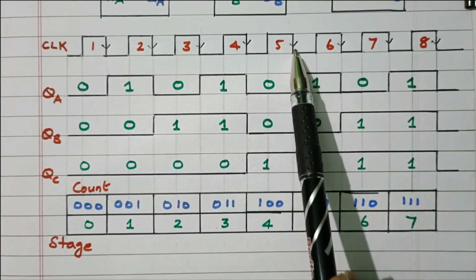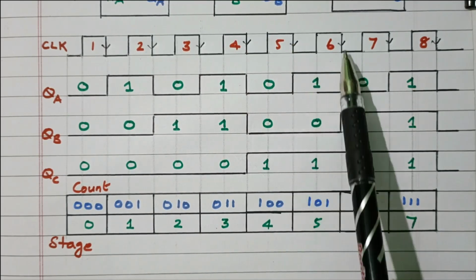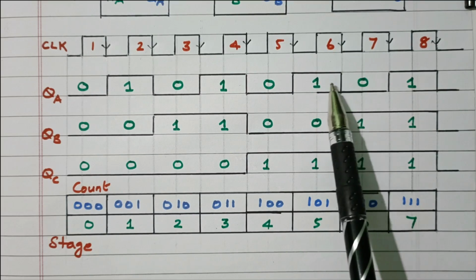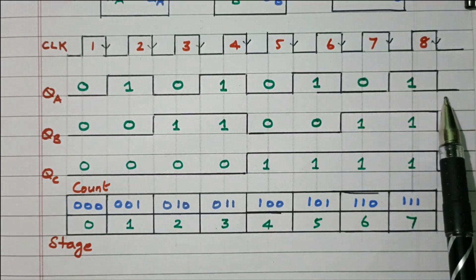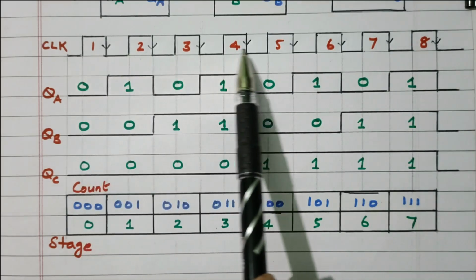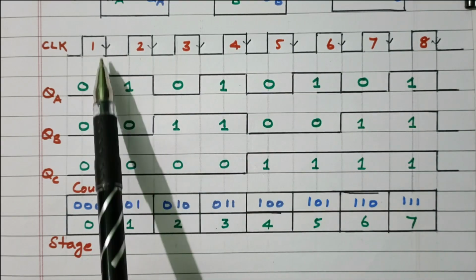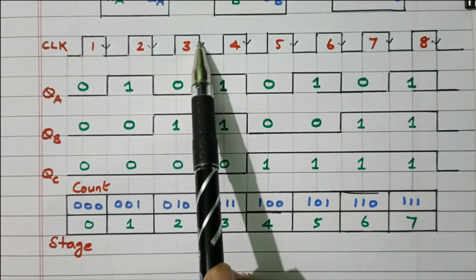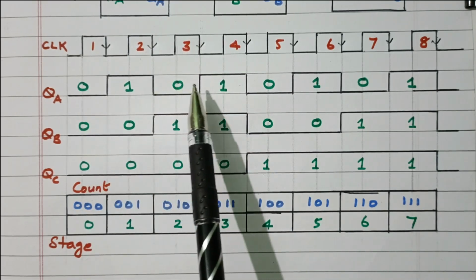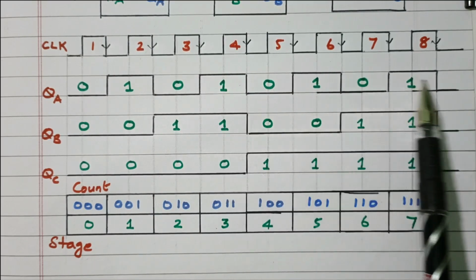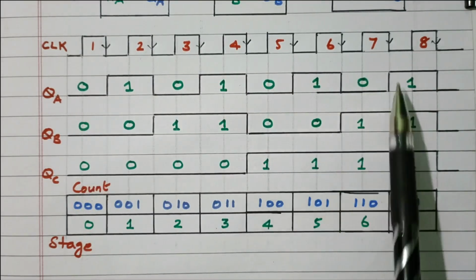During the next negative trigger, 0 to 1. During the next negative trigger, 1 to 0. Then 0 to 1. Then 1 to 0. Right? So the clock pulse is applied to the first flip flop. Whenever there is a negative edge, the state changes from 0 to 1, 1 to 0, like that. 0, 1, 0, 1, it is going.